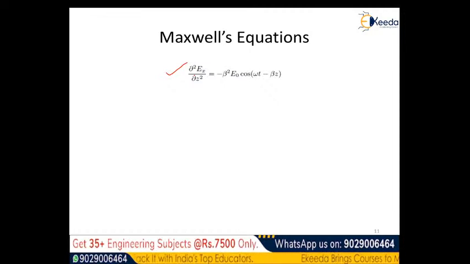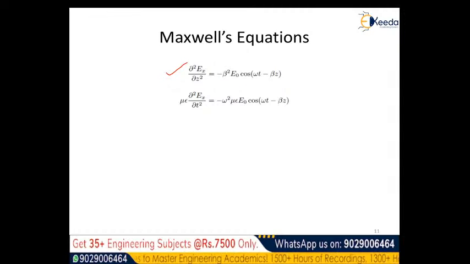Whereas the RHS, mu into epsilon multiplied by del 2 Ex by del t square, is equal to minus omega square mu epsilon capital E0 cosine of omega t minus beta z.